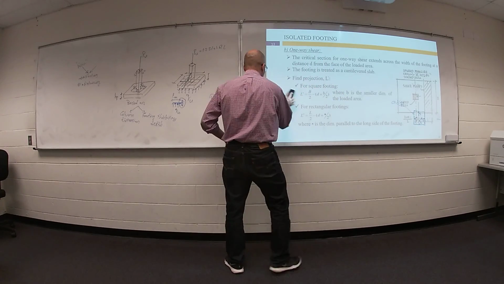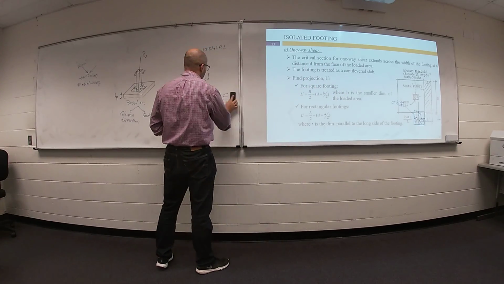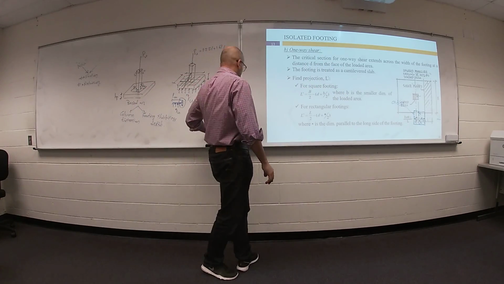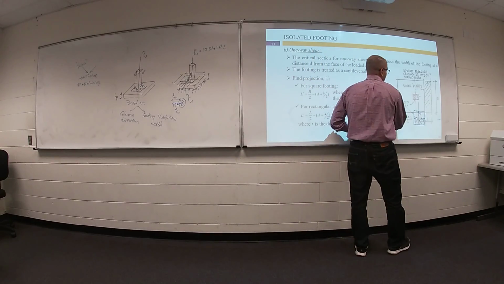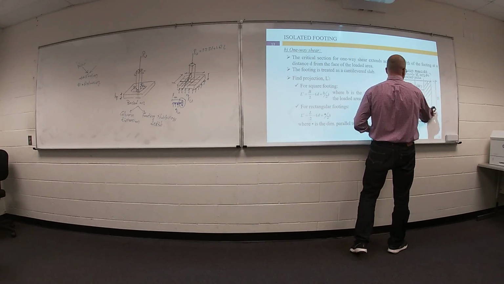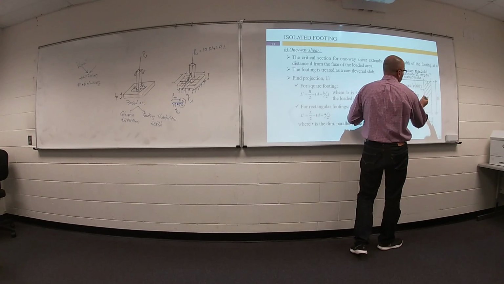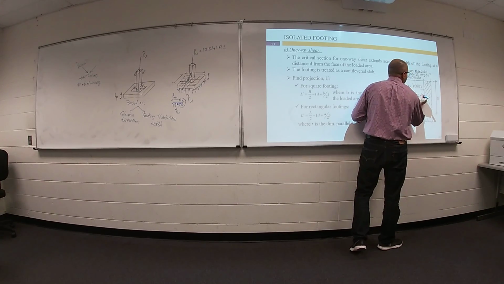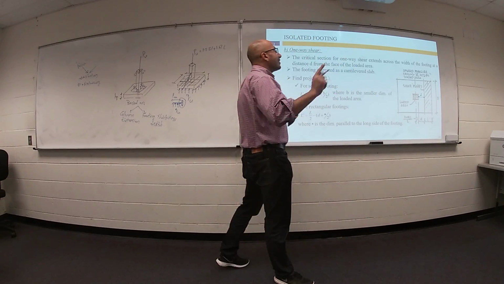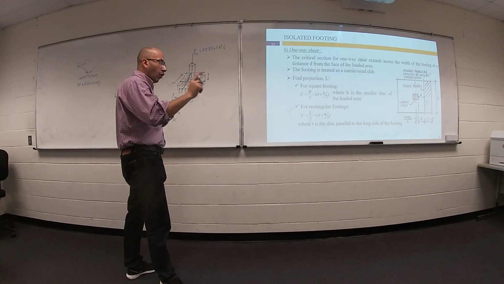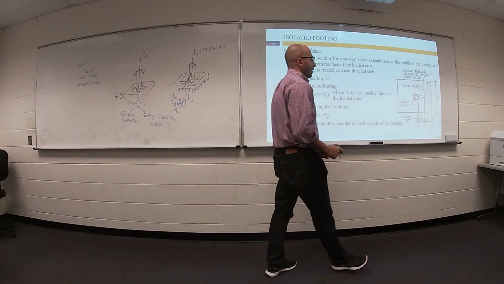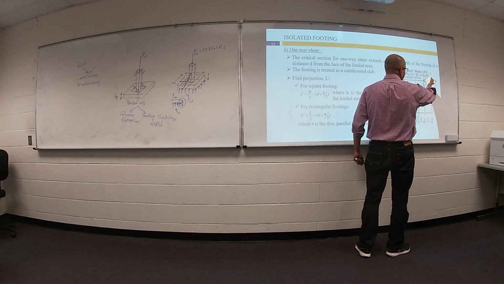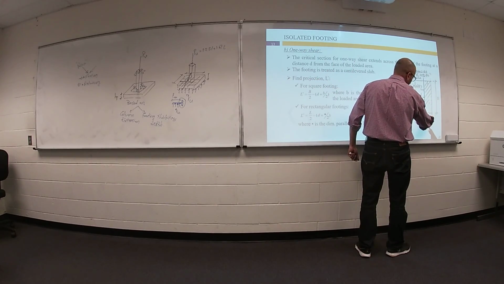Check of shear looks like punch, but with a different cross section. From one side of your column, walk distance d, not d divide 2, and get a section.